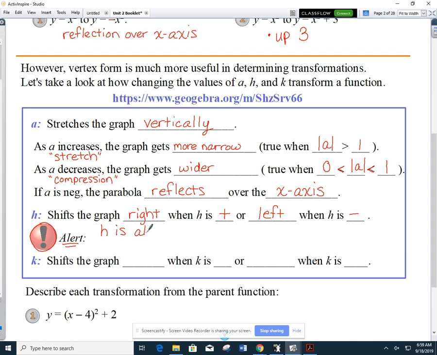H is always the opposite sign of what we see in the equation. Because it's being subtracted.